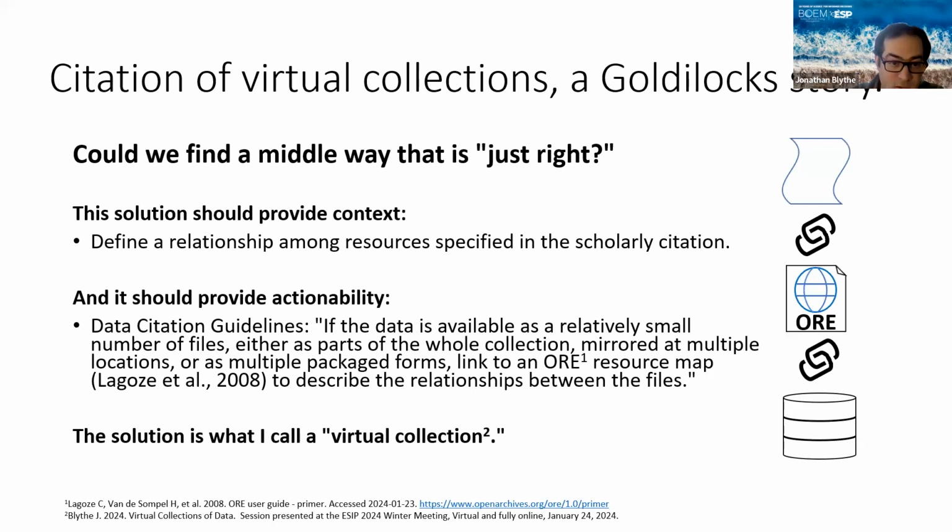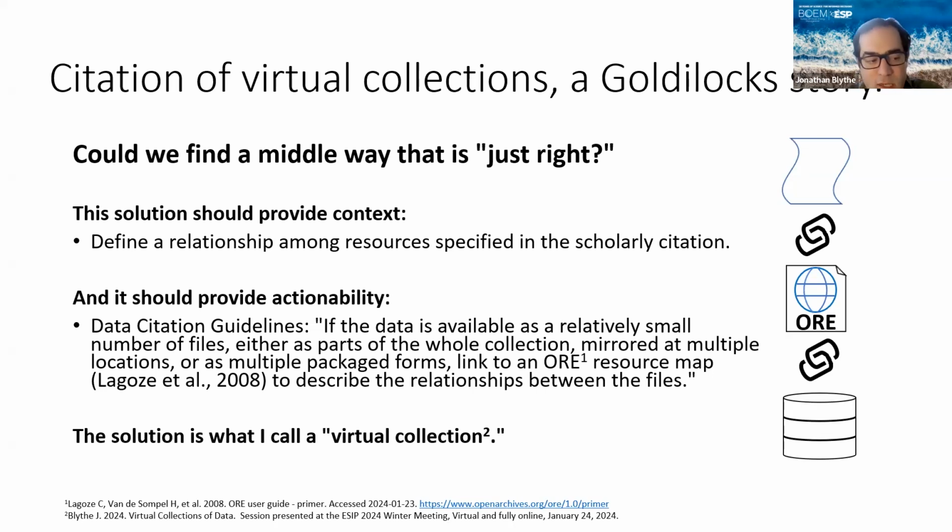We need a consistent and logical way, so that they don't have to navigate the complexities of each repository's metadata system, but it shouldn't leave them with a cold trail. So actually, this comes from the data citation guidelines. I just copied the text out here.